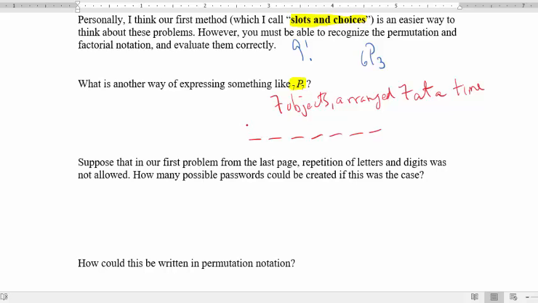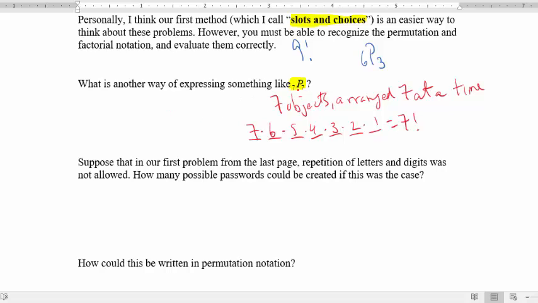For the first slot, I'd have 7 choices, then 6 choices, then 5, then 4, then 3, then 2, then 1 choice. So this is actually the same as 7 factorial. So 7p7 is really the same as 7 factorial.